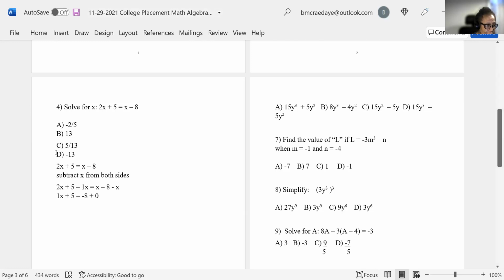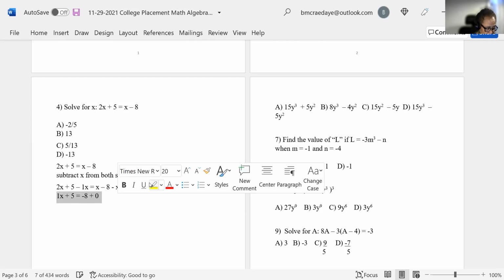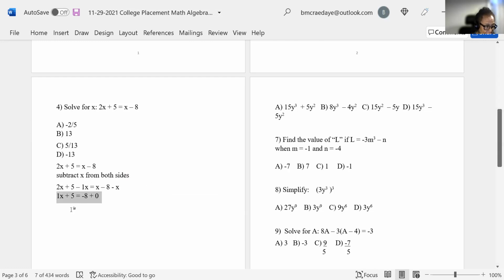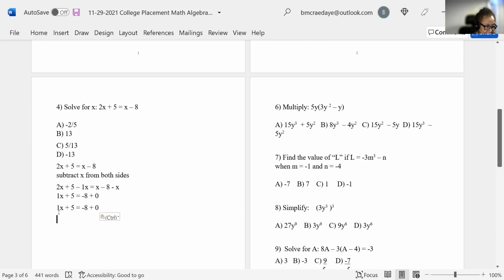All right. So now we have, just copy this, 1x, which is really x. We don't have to put the 1, that's the default. And minus 8 plus 0 is just minus 8. Now, how do we get the 5 over on the side with the minus 8? What do we have to do?